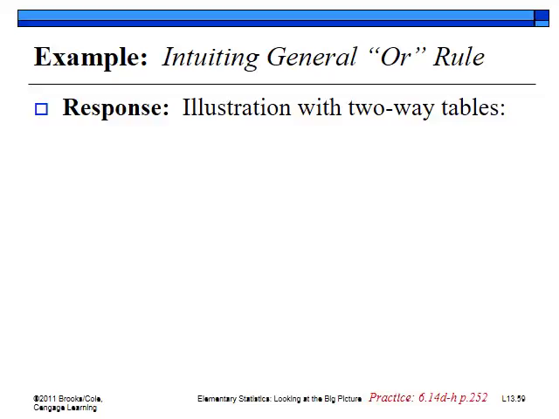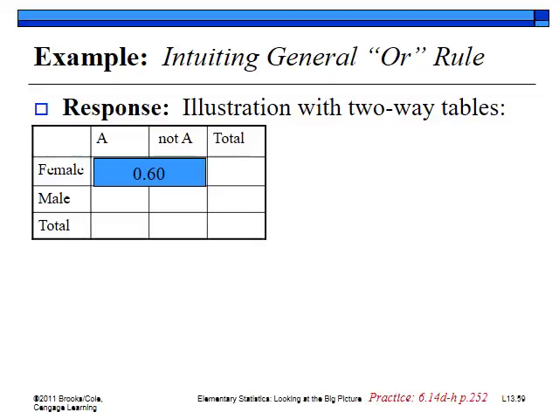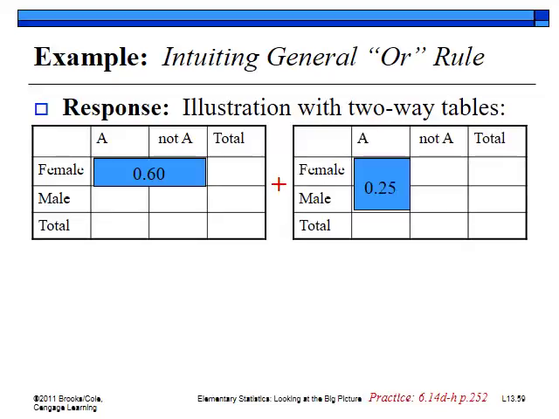Here's what that looks like on a two-way table. 0.6 is the proportion of students that are female. So those 2 cells together must add up to be 0.6. 0.25 is the proportion of students that got an A, so these 2 cells taken together must add to 0.25.